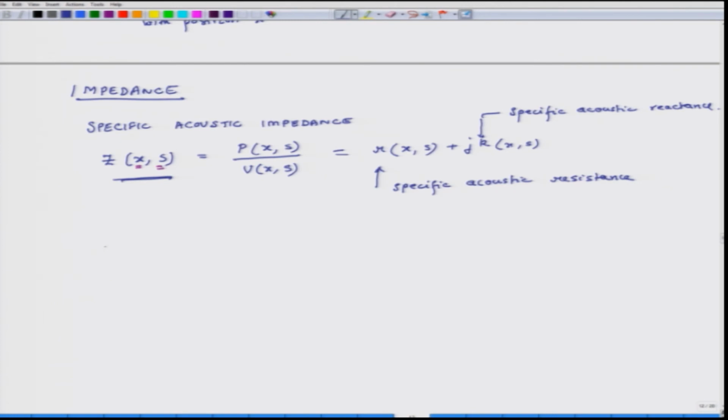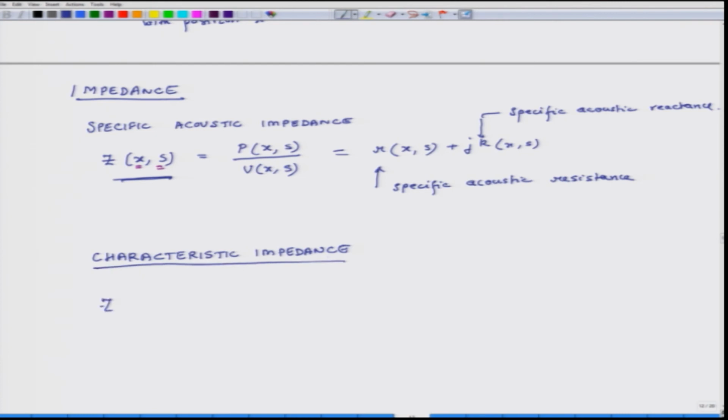But then there is another impedance which we had discussed earlier, and it is known as characteristic impedance. Okay.